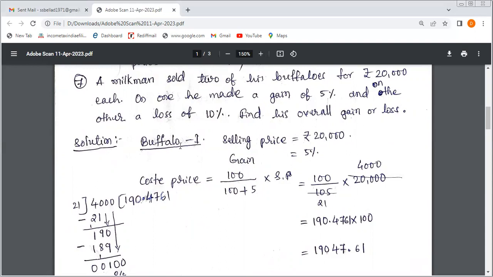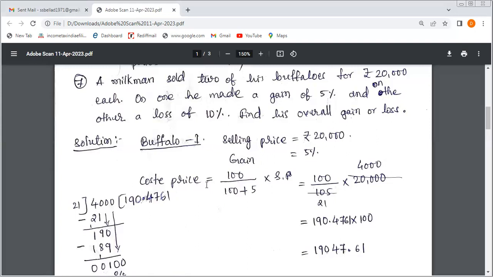So for buffalo 1, take the details of buffalo 1. Its selling price is 20,000. And during the selling of this buffalo, the milkman has made a gain of 5%. So gain is 5% here. And so I am going to calculate the cost price of this buffalo.